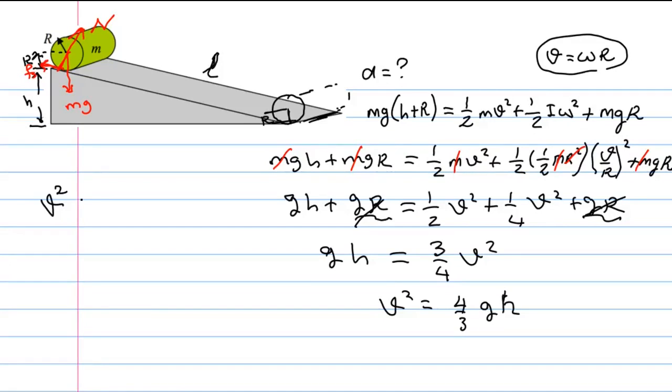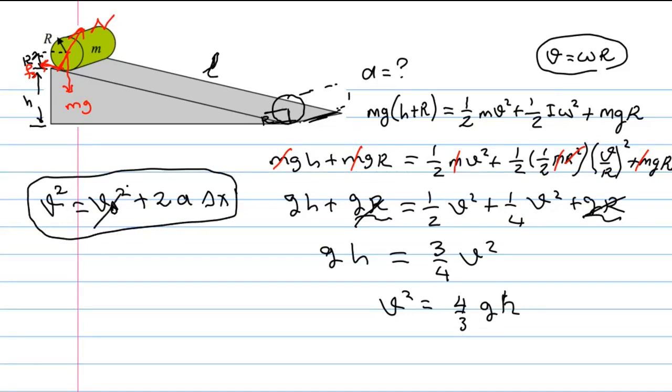Recall the time-independent kinematics equation: v squared equals v naught squared plus 2 times acceleration times delta x. Initial speed is 0, so we drop this. Instead of v squared, we can write what we found, 4/3 gh, and delta x is the length that the block slides from this point all the way down to this point.